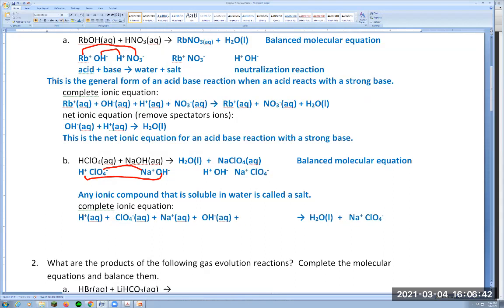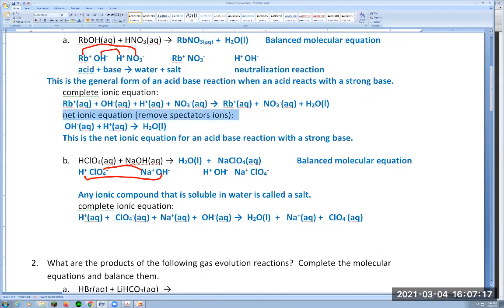And then the hydroxide ion are making water plus the sodium ion and then the perchlorate ion. Right? And because it was balanced without any coefficient, all coefficients are ones. So this, again, is balanced, right? The H plus and the OH minus are making the water. Na plus and ClO4 minus, you retrieve them on that side. So that's the complete ionic equation for this.